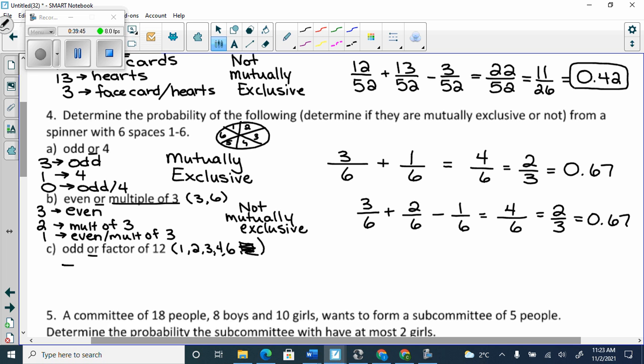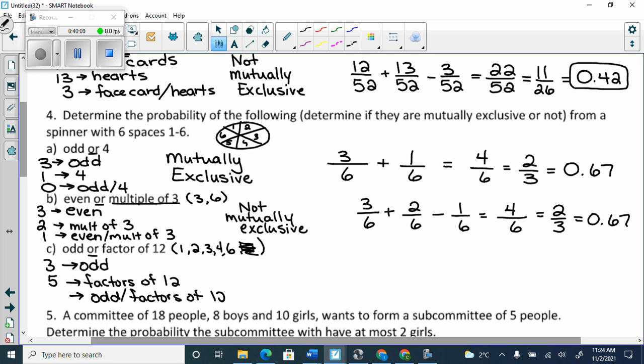Odd. How many of them are odd? 3. How many of them are factors of 12? I listed it. 1, 2, 3, 4, 5. The only one that's not a factor of 12 is 5, right? Then we have to do the combined. Odd, and then factors of 12.